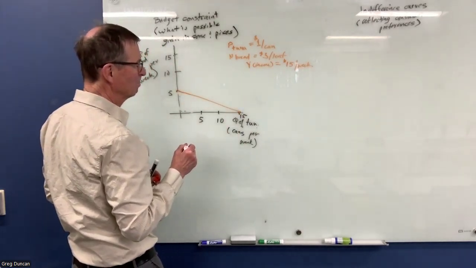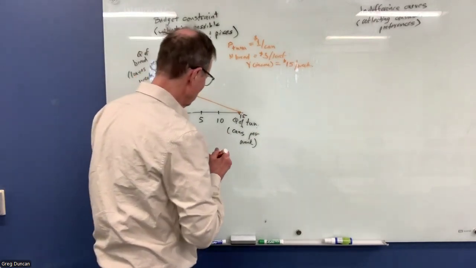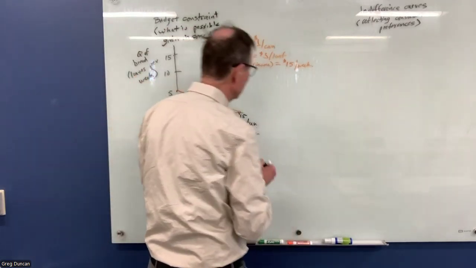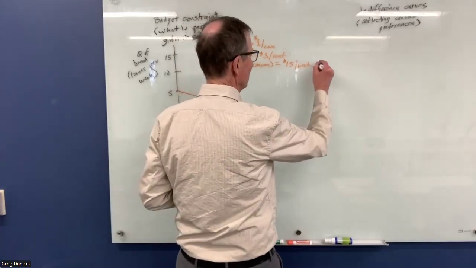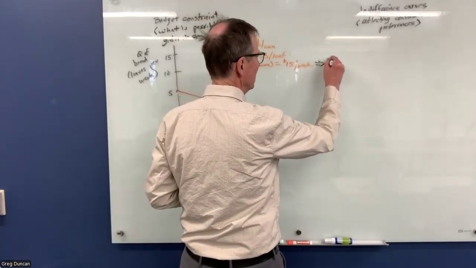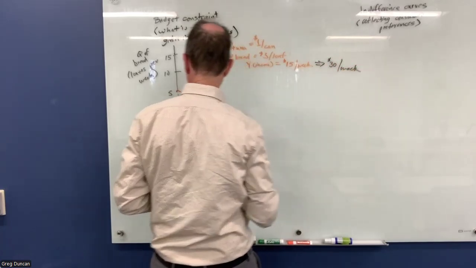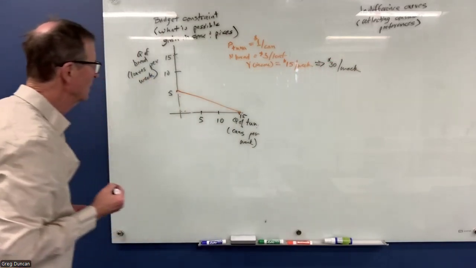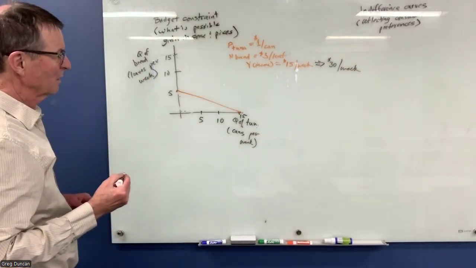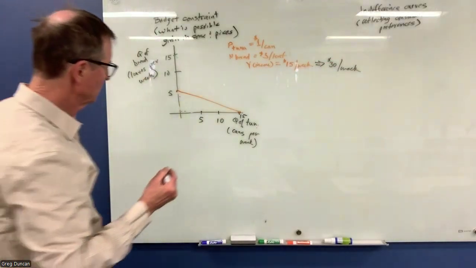What is going to happen to our budget constraint if we go from $15 to $30 per week? That's going to double the amount of tuna that we can get.